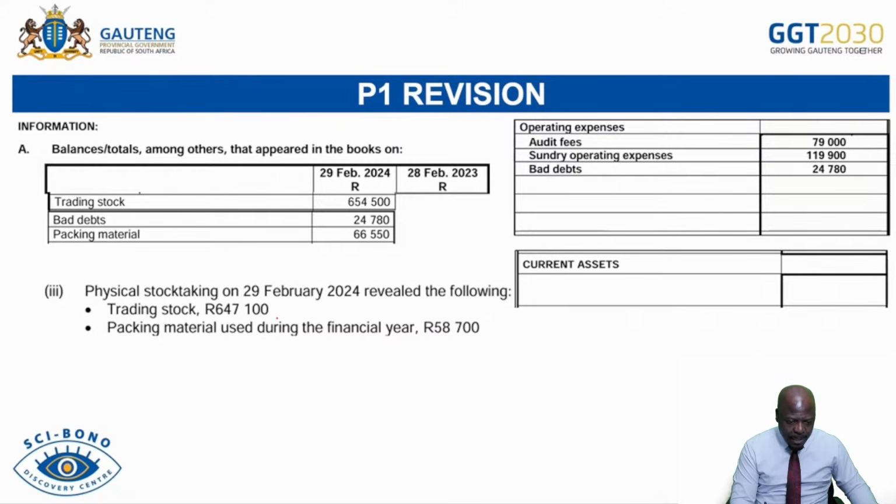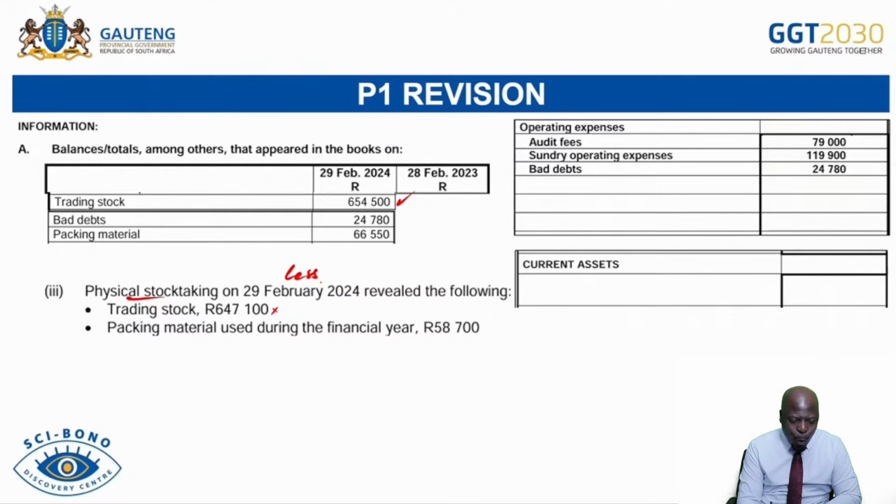Trading stock 647,100. So what happens here is we have trading stock according to the business records, which is 654,500. But according to the physical stock taking, it is 647,100. All right, so it simply means our stock on hand is less.